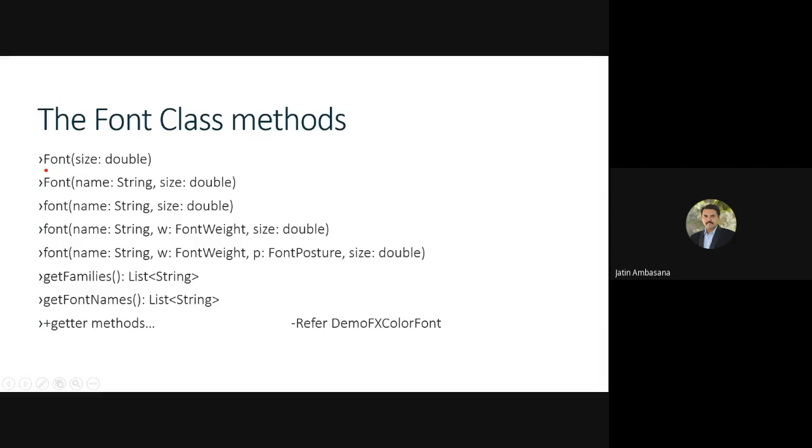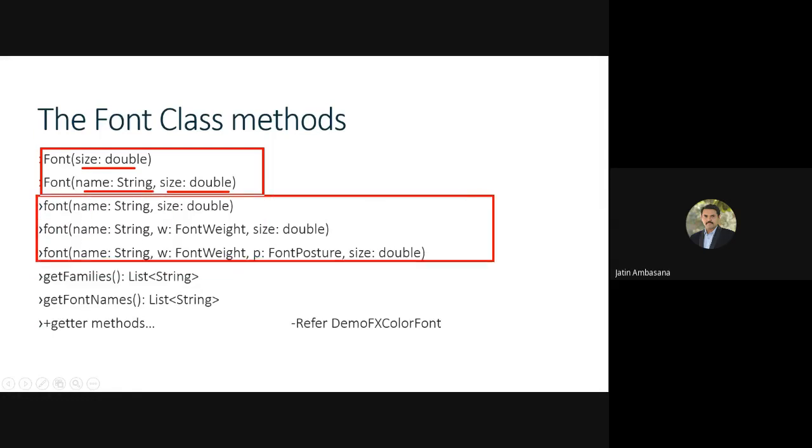Now these are some of the methods of the Font class. These are the constructors, where you provide the size, or the name and the size. There are also other constructors, but there is a typing mistake over here.